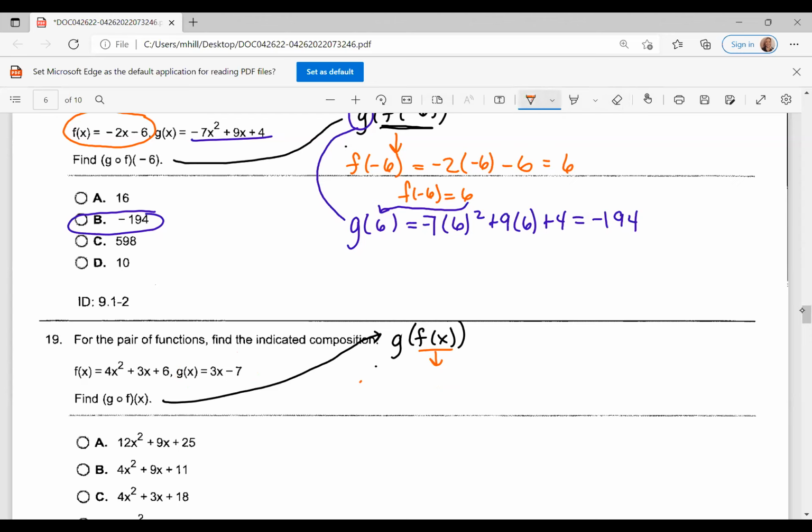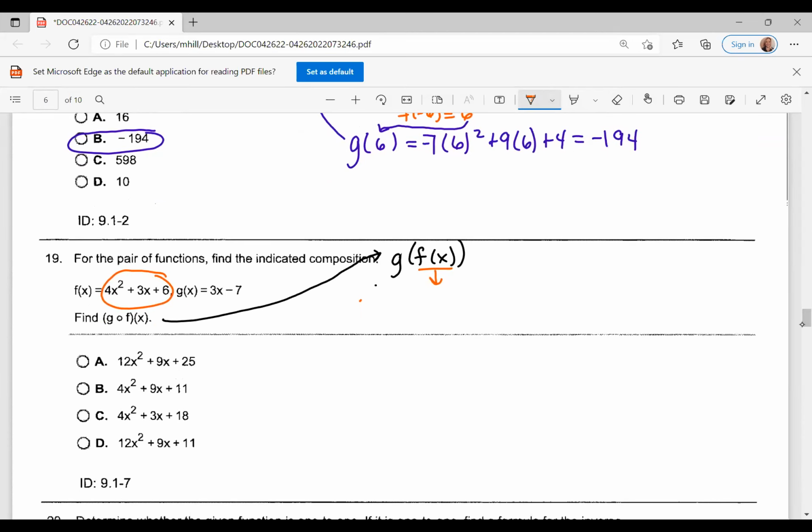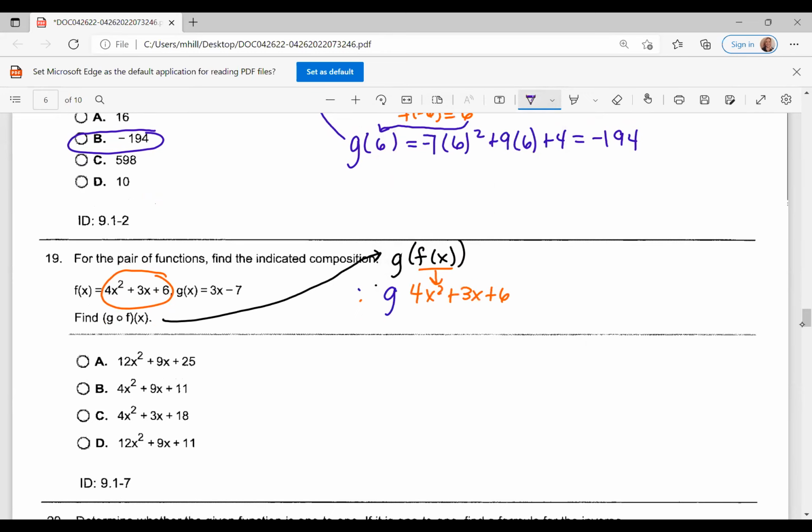So we want to start with f of x because it's on the inside of our parentheses. And there's no number to plug in, so I'm simply writing down 4x squared plus 3x plus 6 because that's f of x. Then it's saying that it wants me to take that. I'm moving this down, and this is what I'm going to plug in to g. This whole thing I'm plugging into g.